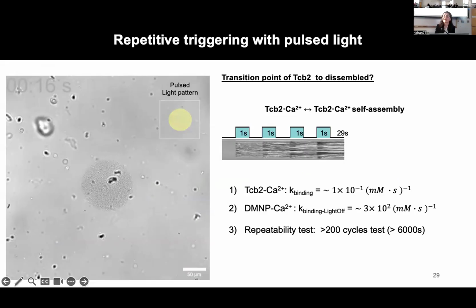Here is the example I gave. The light pattern is on the right-hand side, and you can see it's a pulse light. I ask you to look at the video slowly and carefully when I play it.